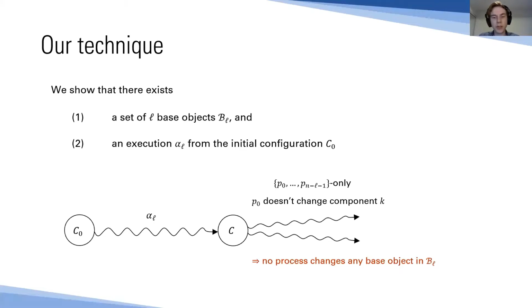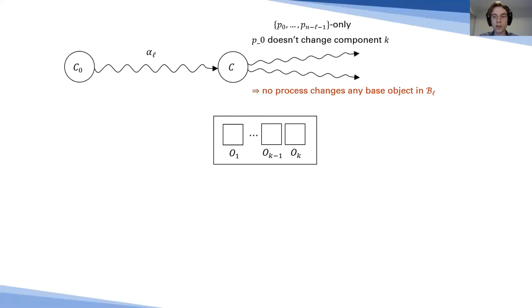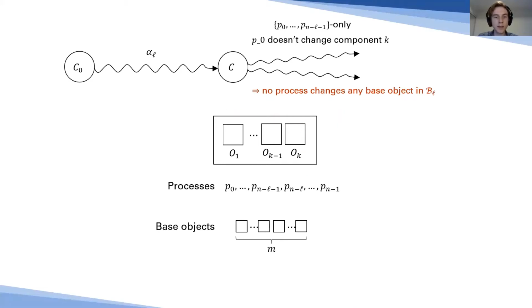So effectively after C, the last L scanners stop taking steps, and the base objects in BL stop changing, as long as the updater doesn't touch the last component of the object. So let's see what this looks like graphically. Let's say that O1 to OK are the components of the scannable binary object that we want to implement. And let's say that these are the M base objects used by some implementation for the processes P0 to Pn-1.